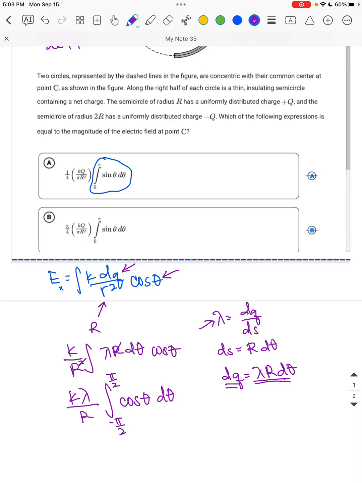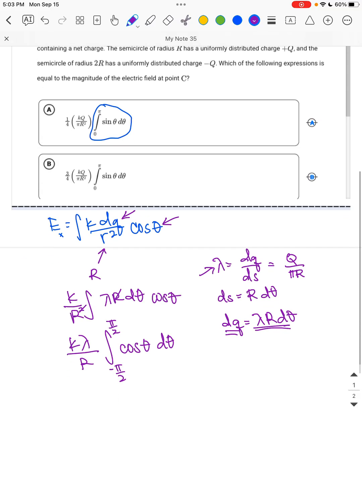So you want to make sure that you rewrite this, because there's uniform charge distribution, in terms of the full charge over the full arc length, which is pi r. And then when we plug that in, we get k q over pi r squared, because I plugged this into here. And then I've got the integral.